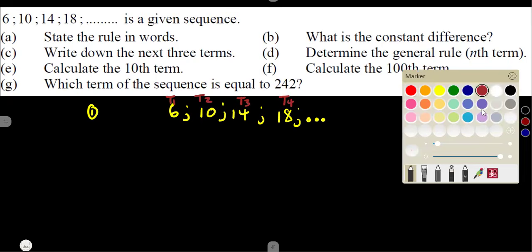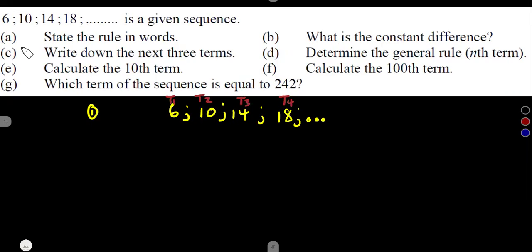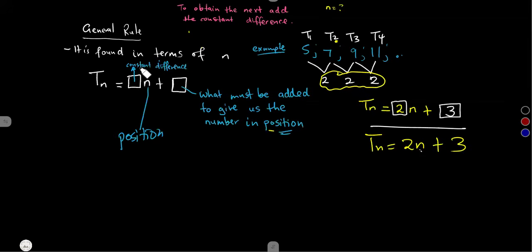All right? So the question was, A, state the rule in words. To state the rule in words, guys, it is a condition just like what we saw here. From the first term to the next one, what is happening? We are adding 2, we are adding 2, we are adding 2. This is the condition.